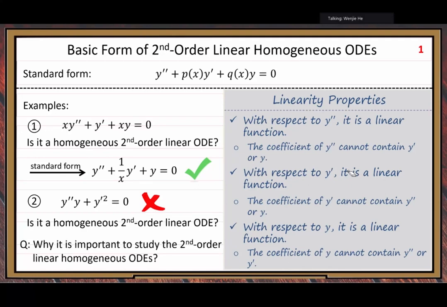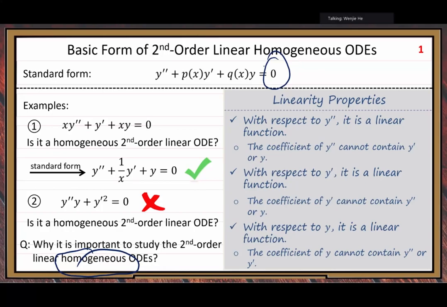Then there is a question here. Why is it important to study the second order linear homogeneous ODE? Why do we need to consider this special type of ODE?